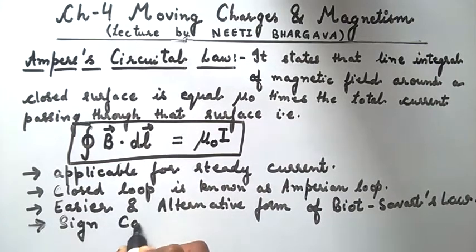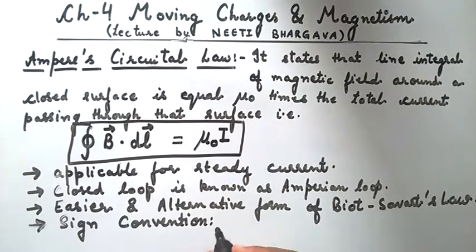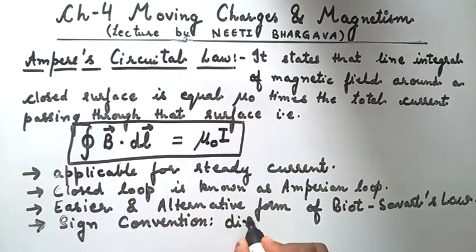Now let's study about its sign convention. We find the direction of magnetic field by right hand thumb rule or right hand screw rule.